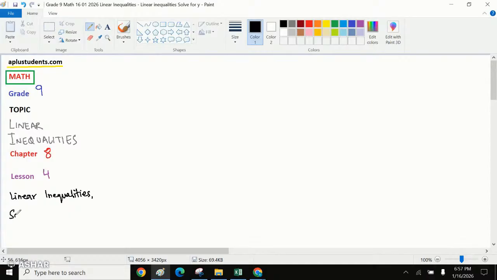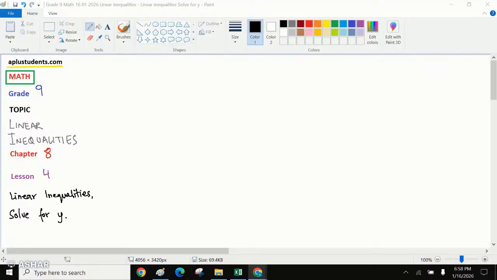Solve for y. Solve the inequalities, right? So what we will be doing is solving inequalities. Let's go to maths grade 9, the topic linear inequalities, chapter number 8 and lesson number 4.